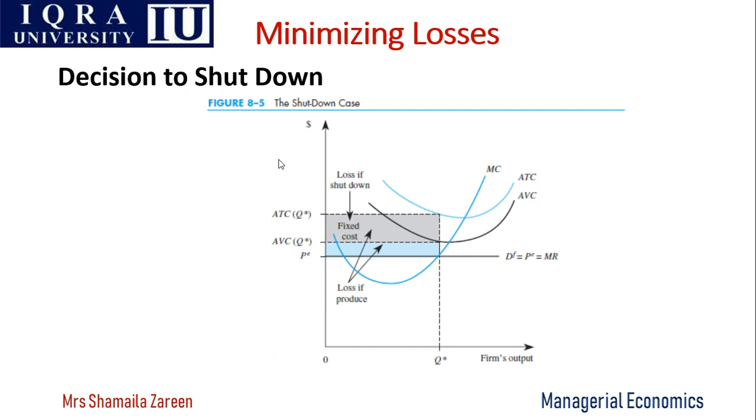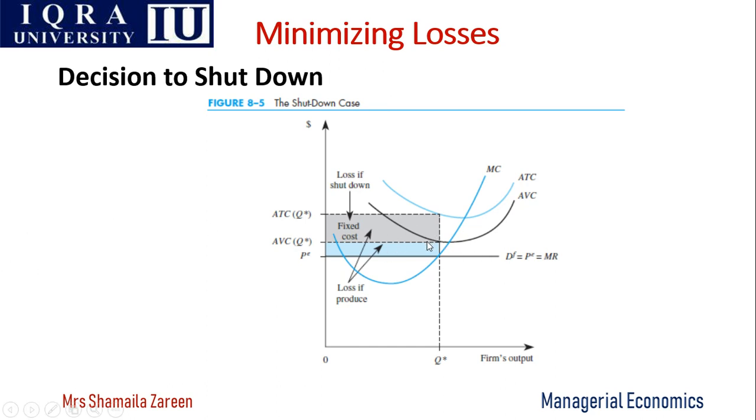So, here the third condition, the decision to shut down. Now, suppose that the market price is so low that it lies below the average variable cost, as in figure 8.5. If the firm produced Q star, where PE is equal to marginal cost in the range of increasing marginal cost, it would incur a loss equal to the sum of two shaded rectangles.